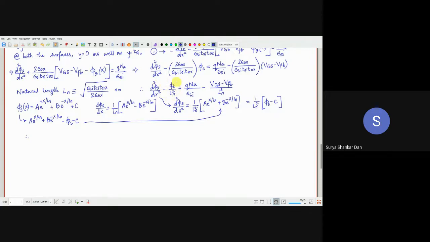I'll just take this phi s by ln square on the right hand side, so that becomes phi s by ln square plus this whole thing I'll copy from here is equal to, what is remaining? Only this, right? So if I take phi s by ln square minus c by ln square.